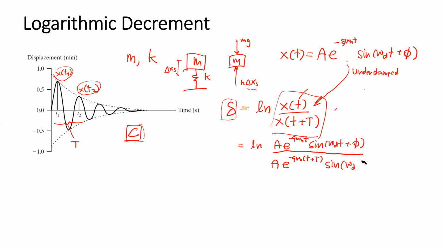It should be omega d t plus omega d multiplied by the period, and then plus the phi angle.